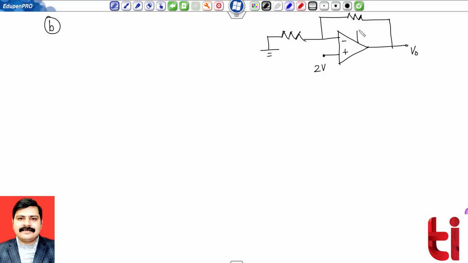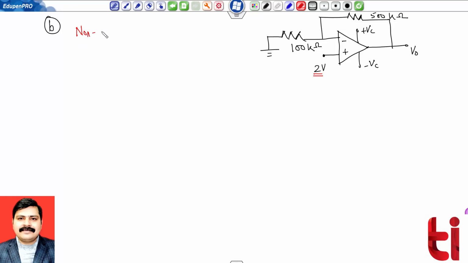Supply is plus VC and minus VC. Values are given as 100 kilo ohm and 500 kilo ohm. As input is given to the non-inverting terminal, this is a non-inverting amplifier.